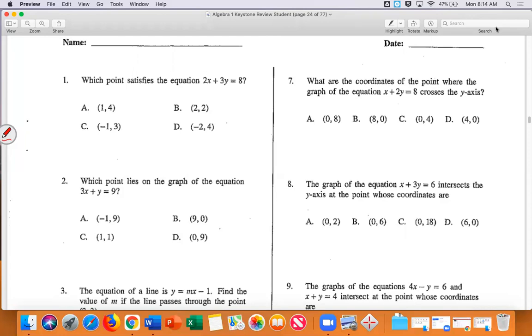One, when it says crosses the y-axis, right? The value for x is what? 0. So that means if I look up here, I'm looking for the points where x is 0. Do you see how in B, x is not 0? And in D, x is not 0? In B, x was 8, and in D, x was 4. Do you see that? So now it's a 50-50 shot, right?